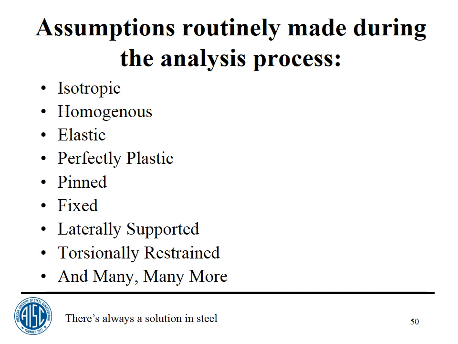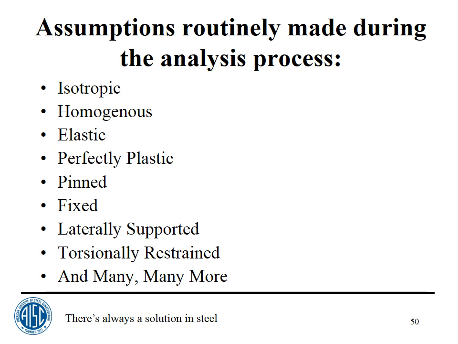In the analysis procedure, you've assumed, and your computer programs have assumed, that the material is isotropic, homogeneous, elastic probably, for the linear elastic analysis, plastic or perfectly plastic. All the simple connections are pinned. There's no such thing as a simple pin connection that has no moment capability whatsoever.